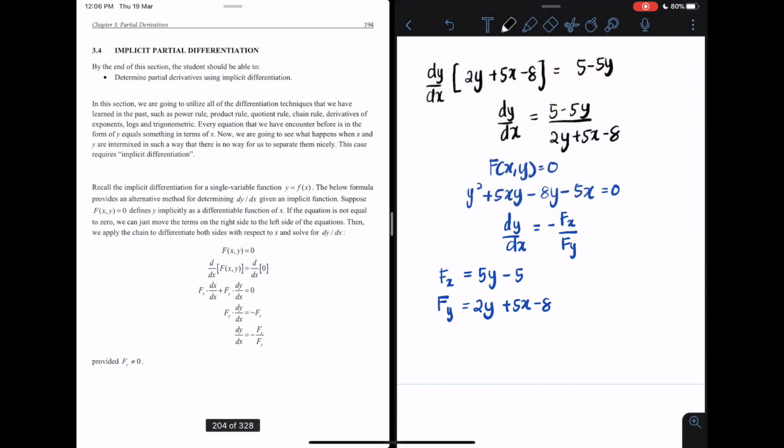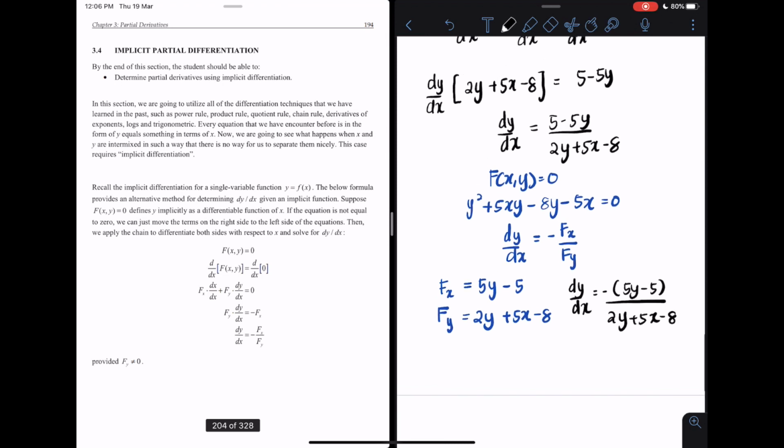I can simply substitute into the formula, such as dy/dx equal to negative fx over fy, which is 5y minus 5 divided by 2y plus 5x minus 8.